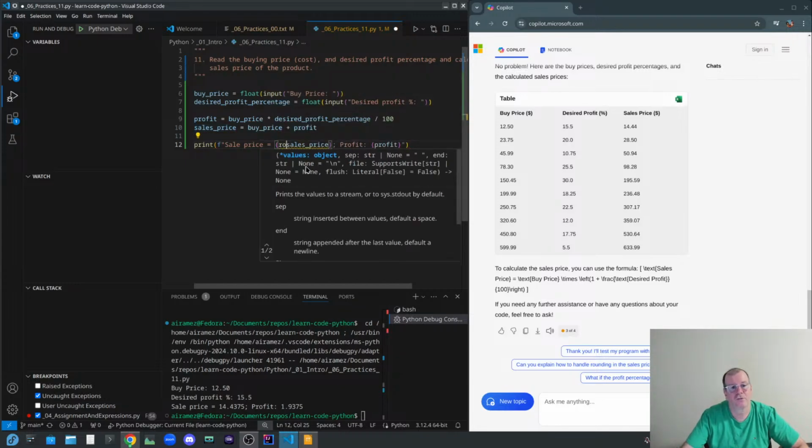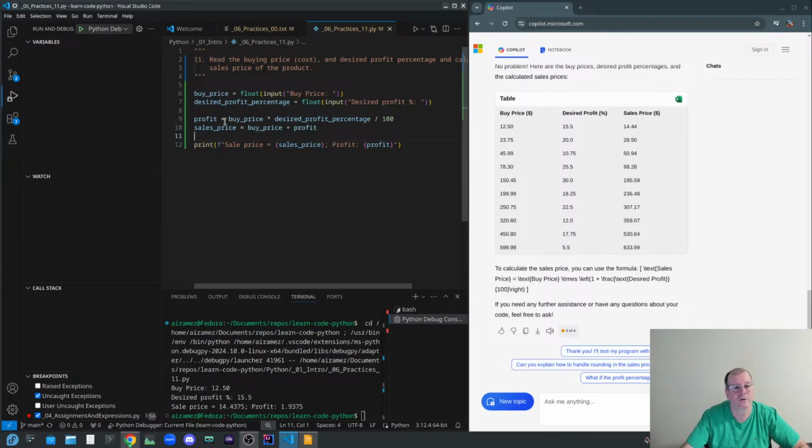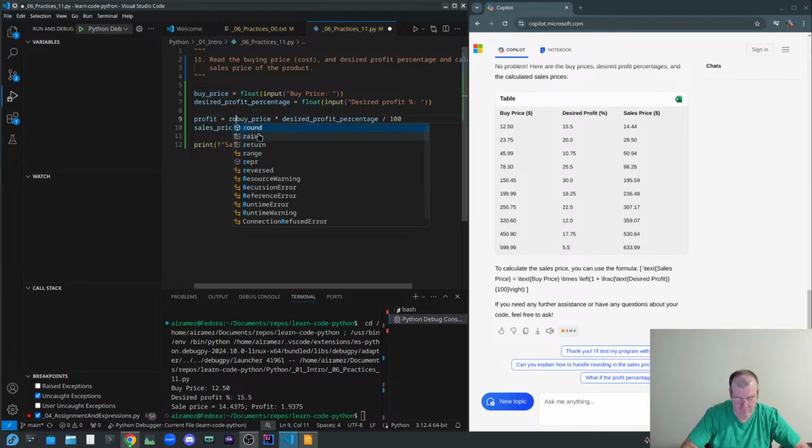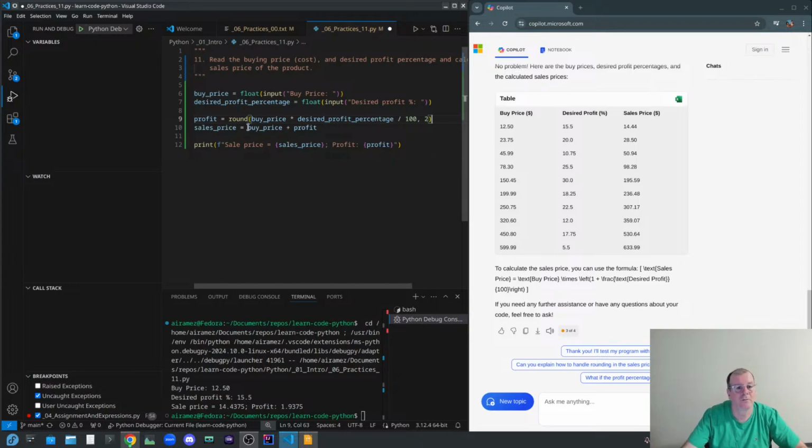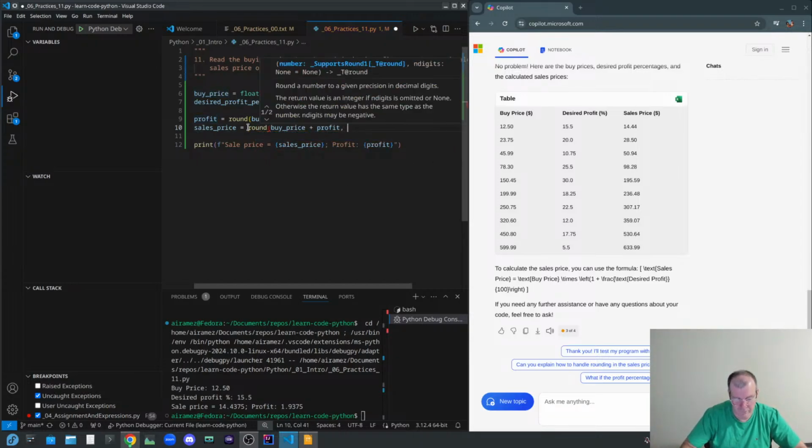Or let's do this. The round could be here, or could even be when we are doing the logic. So we could say, okay, round this with 2 decimals. And then round this as well with 2 decimals.